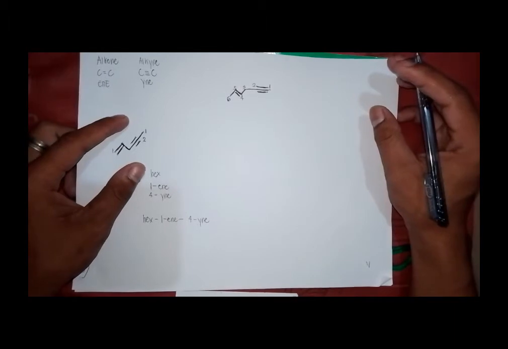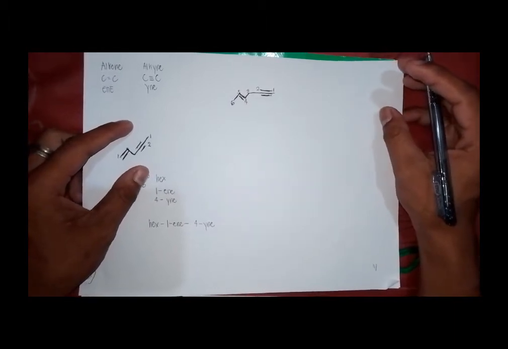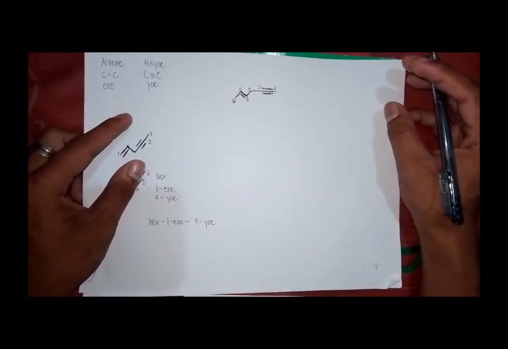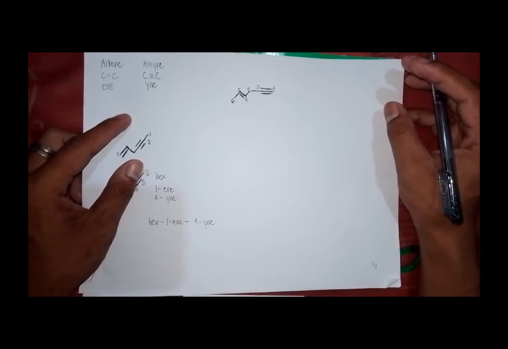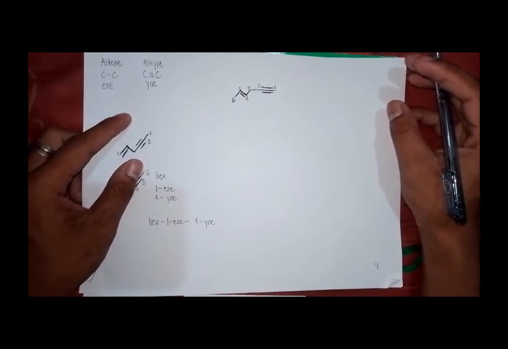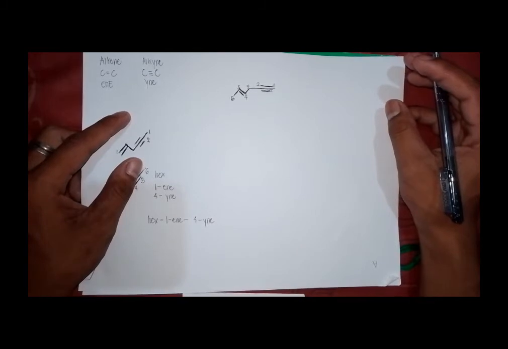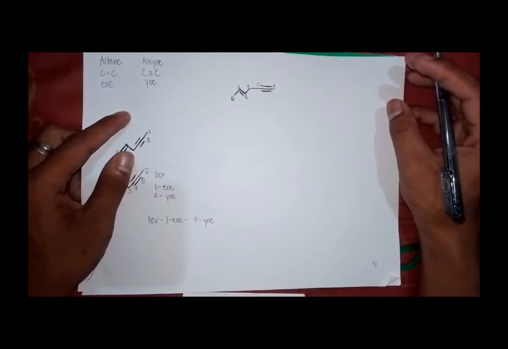Once again, 6 carbons gives me a first name of hex, and the double bond and triple bond give me last names of 1-ene and 4-yne.